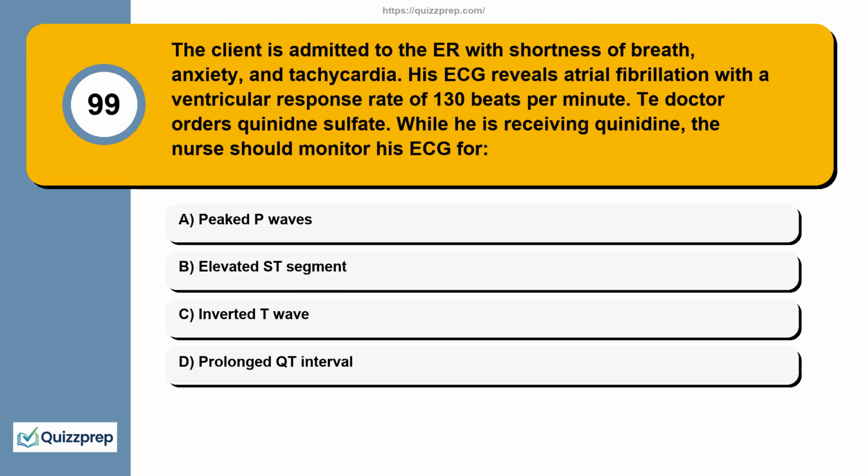Question 99. The client is admitted to the ER with shortness of breath, anxiety, and tachycardia. His ECG reveals atrial fibrillation with a ventricular response rate of 130 beats per minute. The doctor orders quinidine sulfate. While he is receiving quinidine, the nurse should monitor his ECG for peaked P waves, elevated ST segment, inverted T wave, prolonged QT interval.